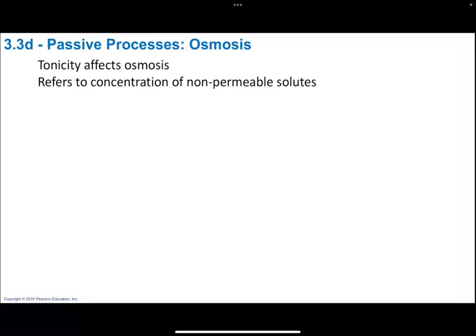And that is tonicity. We look at the tonicity of a cell because we have these semi-permeable membranes surrounding these cells, controlling what enters and exits a cell. So tonicity, how much of a solution is in a cell, is going to affect osmosis. If you have a hyperosmotic solution inside a cell, water wants to come in. It wants to help distribute those molecules.